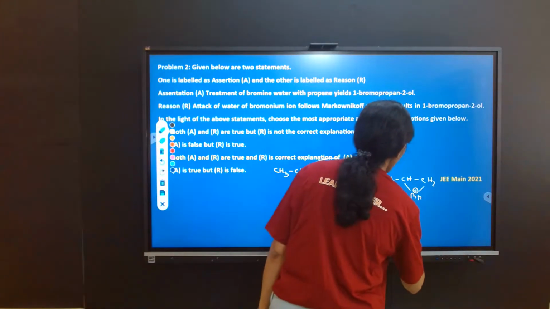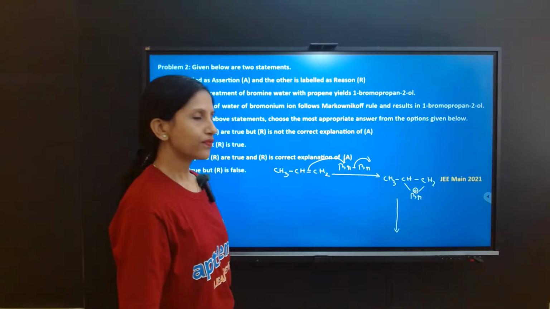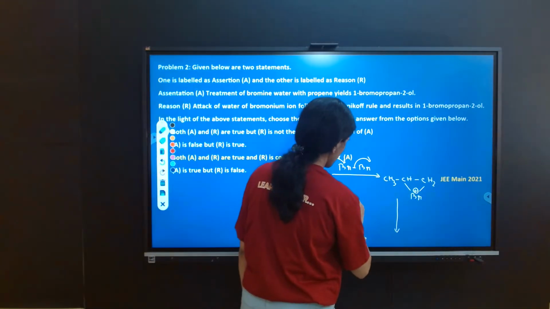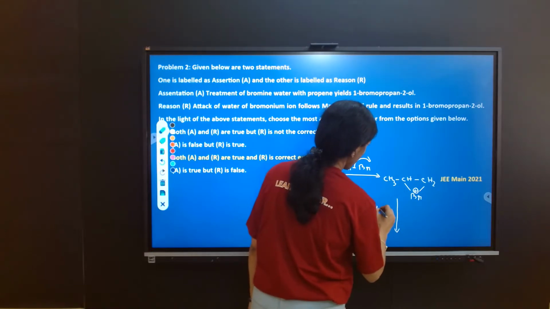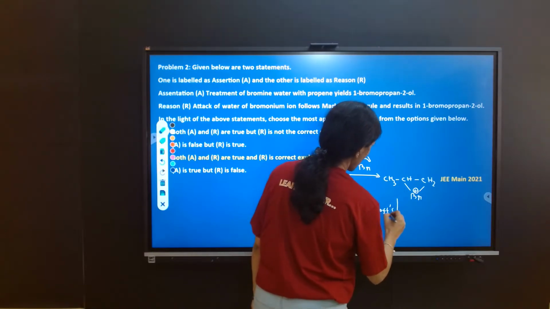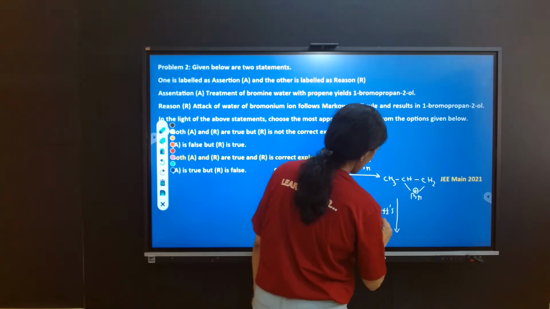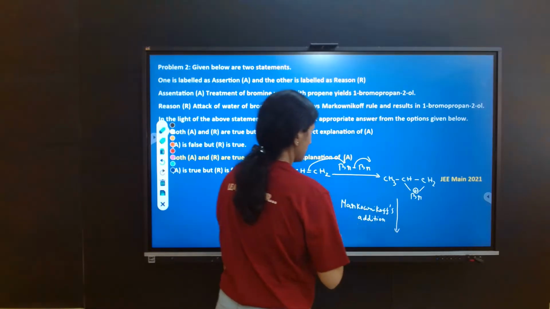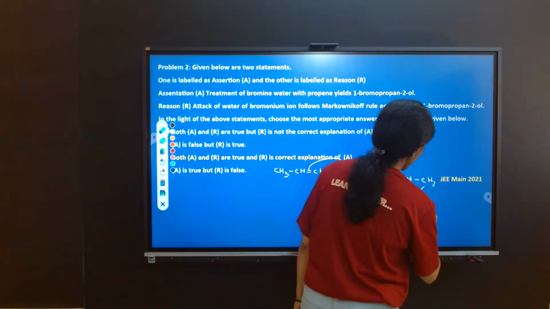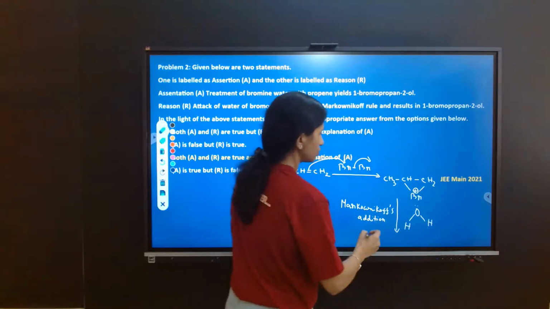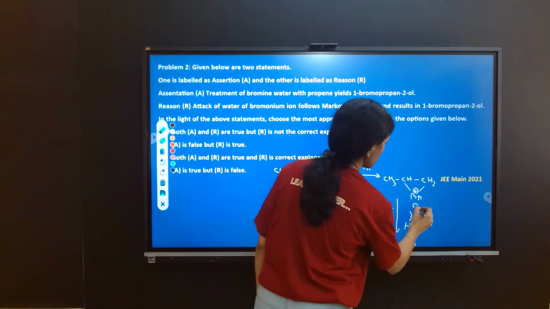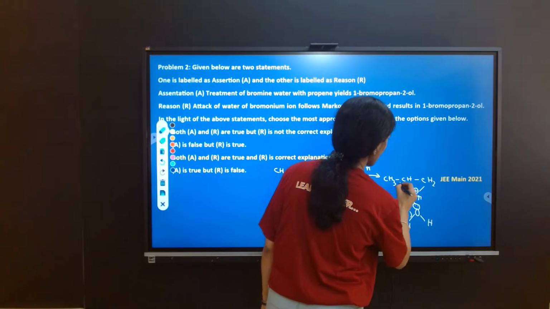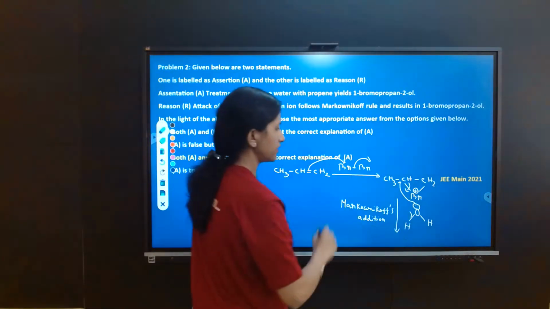Now we are to consider the Markovnikov addition, considering a water molecule to attack in this manner and to break it in this way, right?